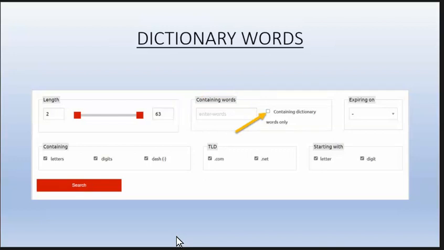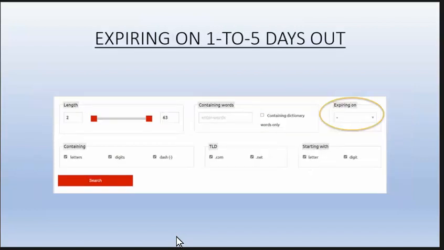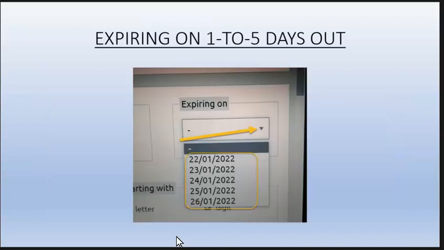If you check the block next to containing dictionary words only, this will limit your search to words found only in the dictionary. The drop-down arrow in the Expiring On tool allows you to filter your search for domains expiring in the next 1 to 5 days.